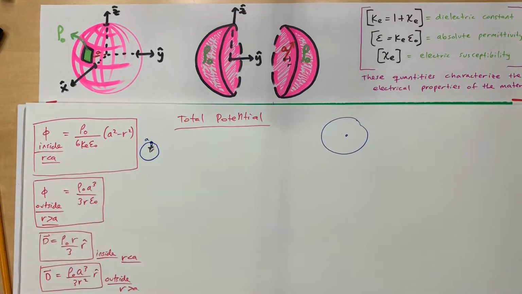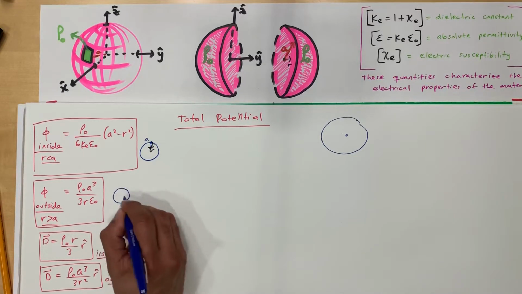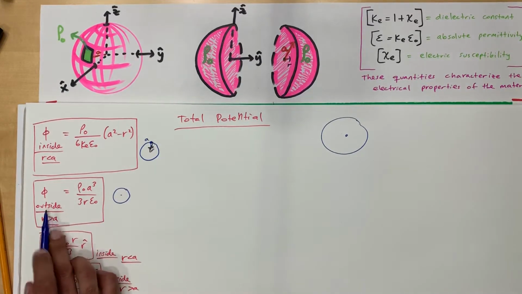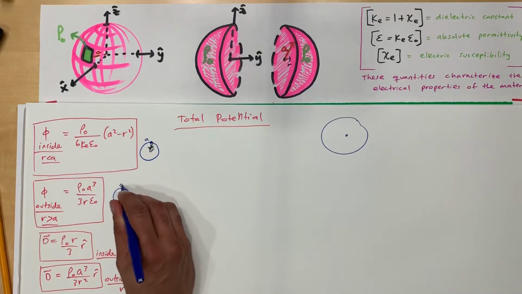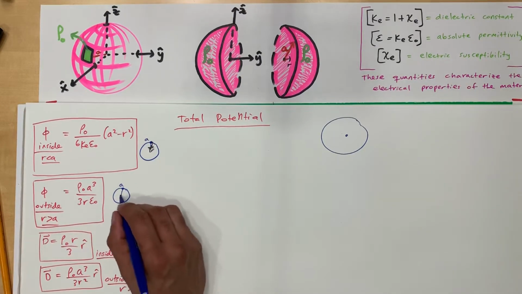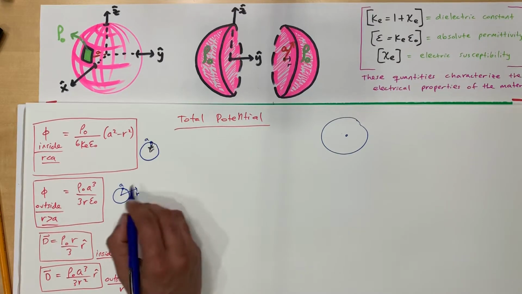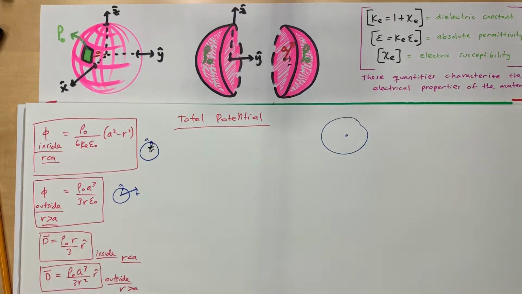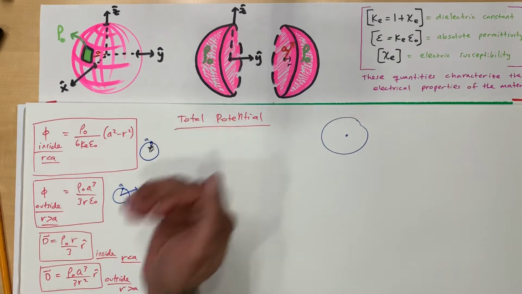For this example, we have the same sphere and we wanted to check somewhere outside. So now this is our A, which is on the surface, but our R was somewhere out here. Okay, and potentials work from the outside in.